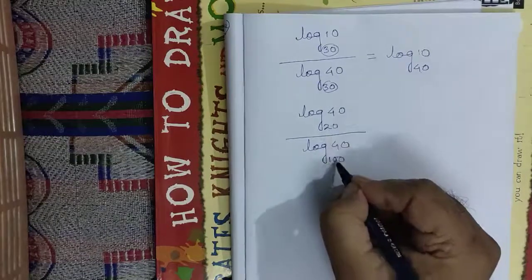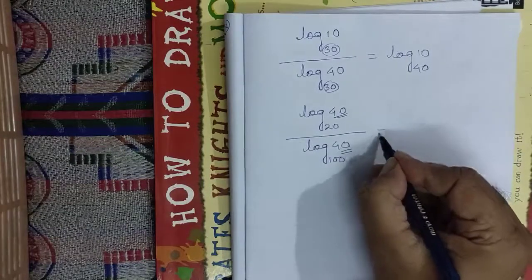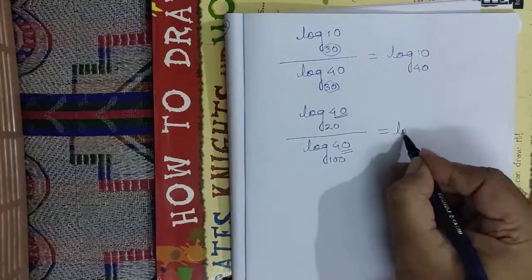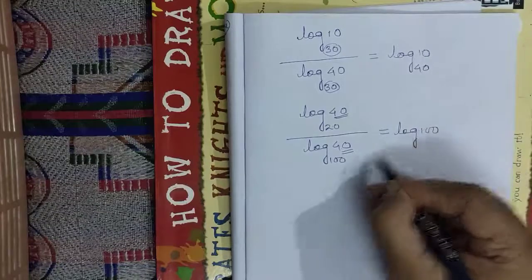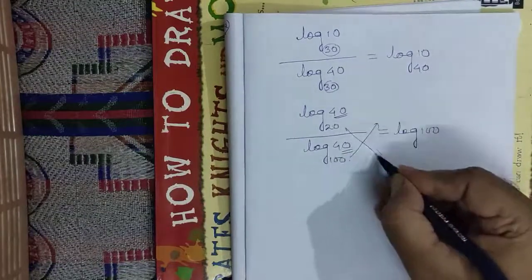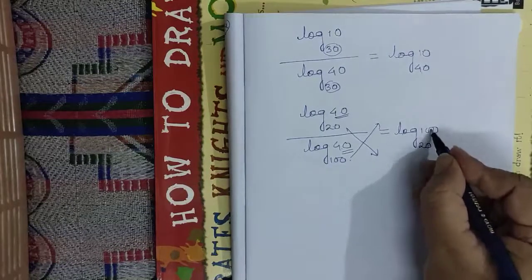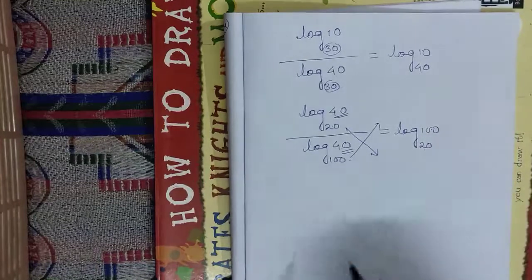The base is different, the quantity you are taking the log of is the same. Under these circumstances, it will be log 100, this will come to the log and this becomes the base. It goes like this, cross. It comes like this, log 100, base 20.